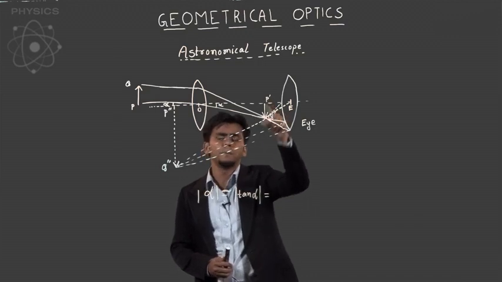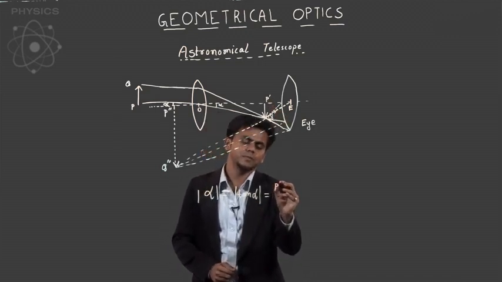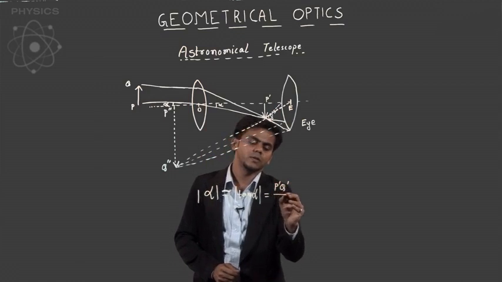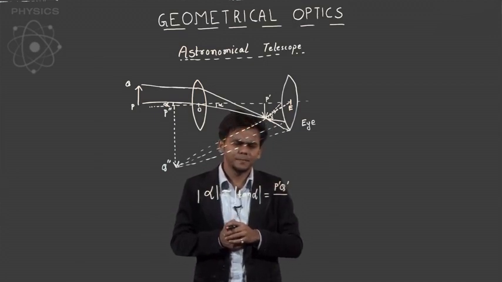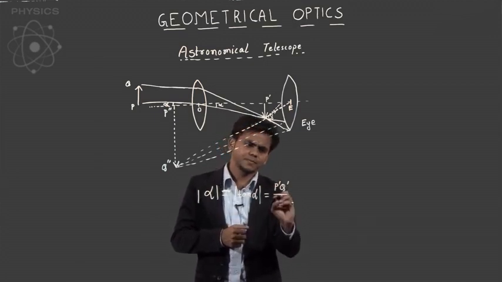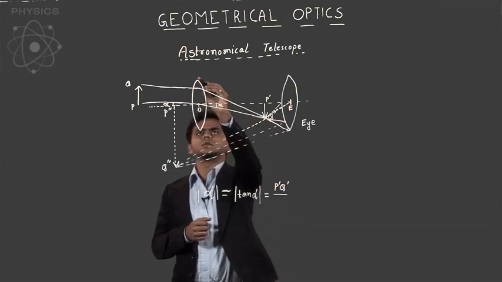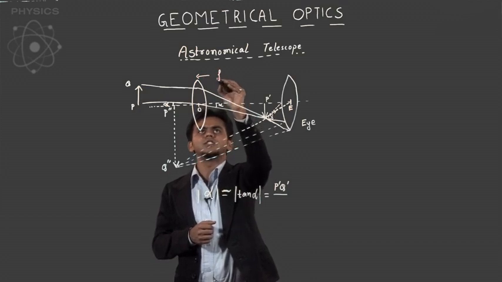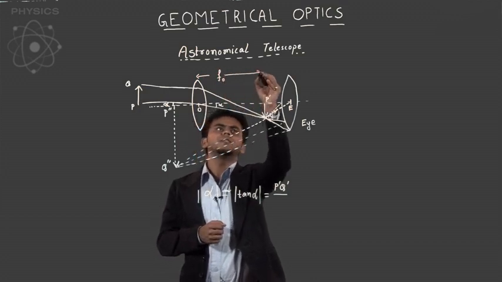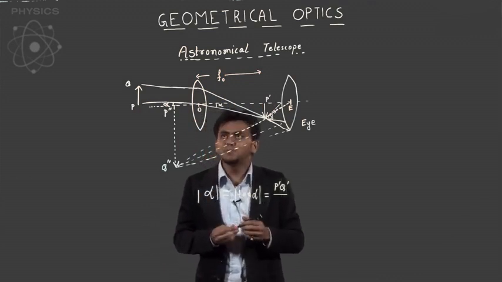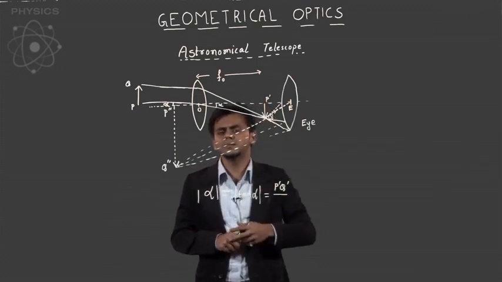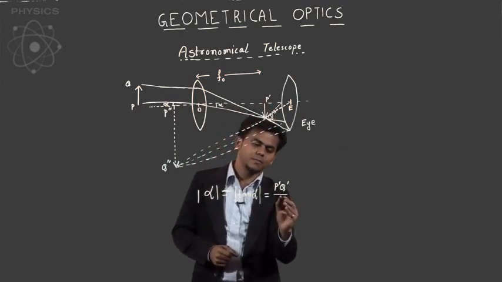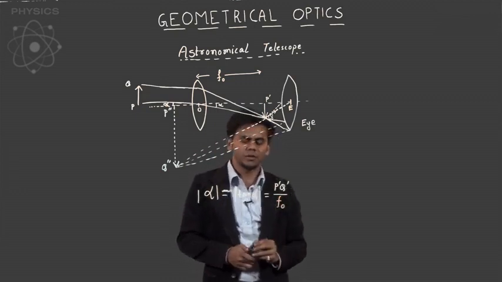That would be in this scenario P dash Q dash upon this length over here, right? What is that length? If you are careful enough, you'll understand this essentially is the focal length of the objective. Why? Because parallel rays after converging meet at the focal point. So this has to be the focal length. So this is your F naught.